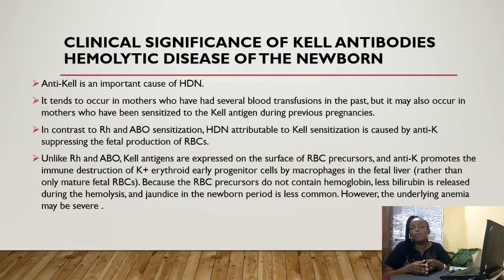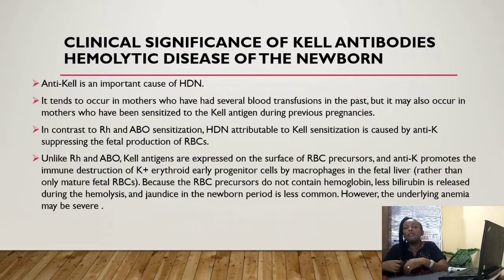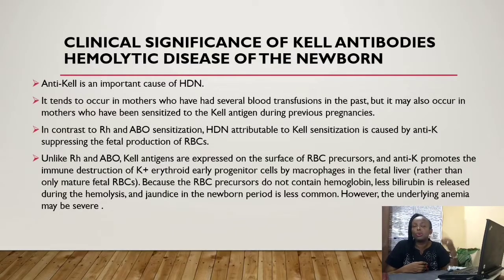But in this case, the precursors of red cells are being destroyed, and because they are not well hemoglobinized, you don't have much bilirubin being produced. So the level of jaundice is not as severe as that seen in HDN due to the RH blood group system.